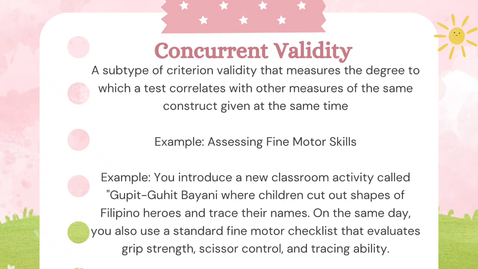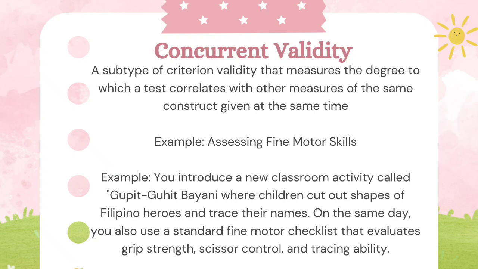On the same day, you also use a standard fine motor checklist that evaluates grip strength, scissor control, and tracing ability. So, why does it show concurrent validity?